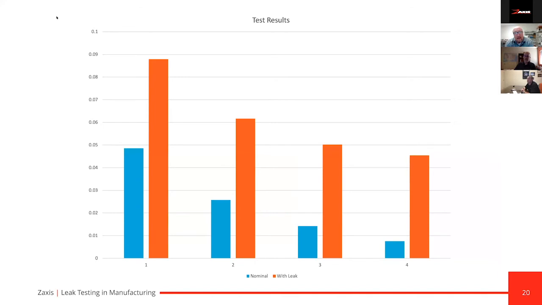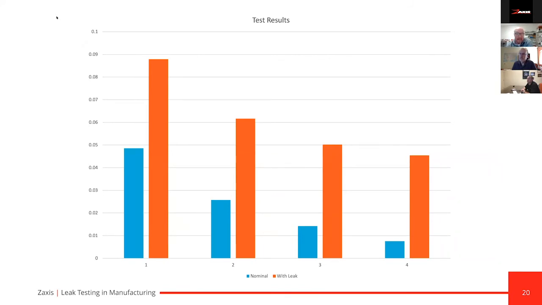And I kept the settle time at 2 seconds and the test time at 3 seconds across all of this. So all I did was change the fill time. The results you see on the screen are the decay values at the end of the test. You can see they made a difference by how much fill time I had. You can see that the results actually get smaller and smaller.